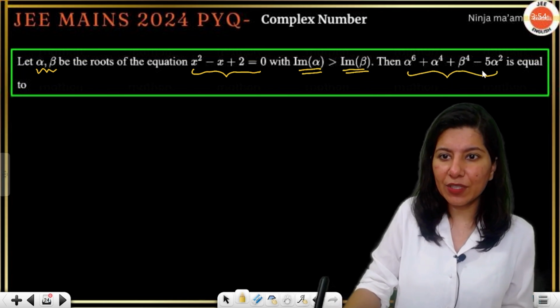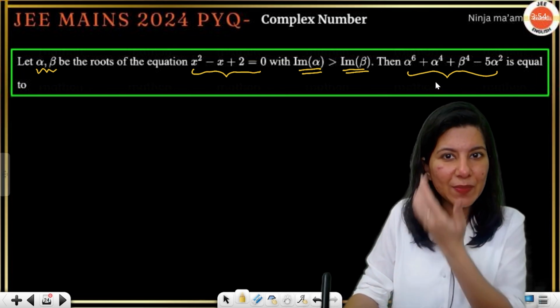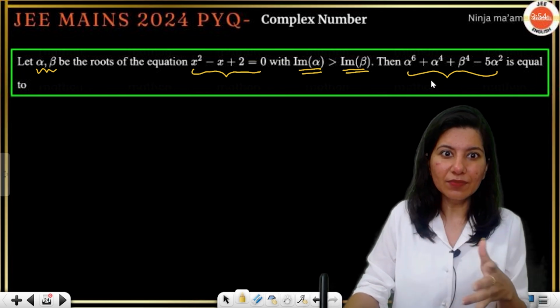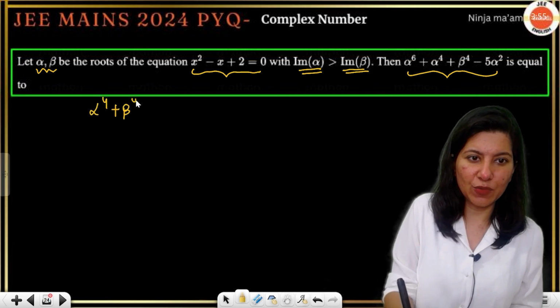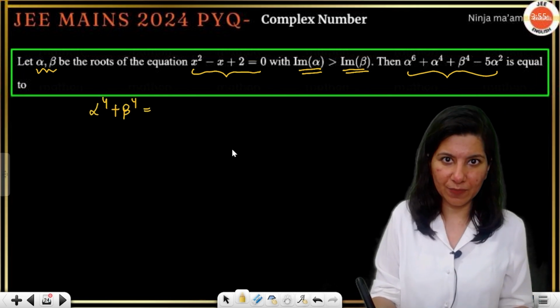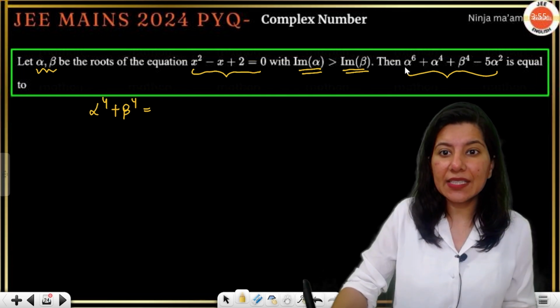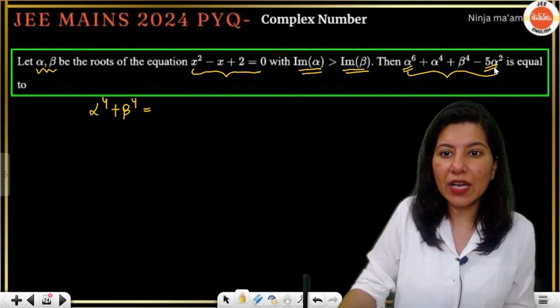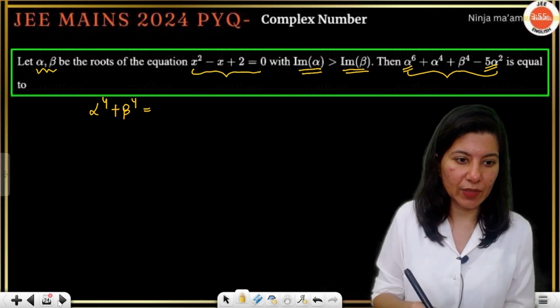And now we are looking for this value. So we have seen such expressions in our grade 10 also. A quadratic equation is given. We can easily calculate alpha raised to power 4 plus beta raised to power 4, right? And another aspect is the remaining two terms, which are alpha power 6 minus 5 alpha square.